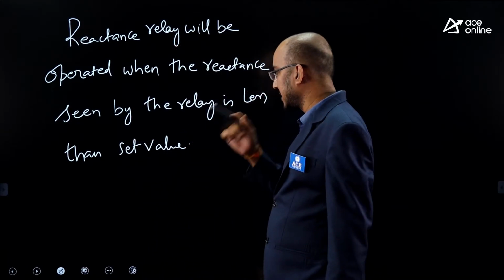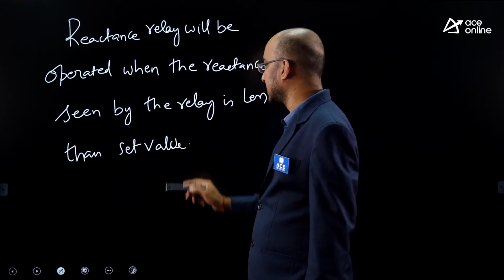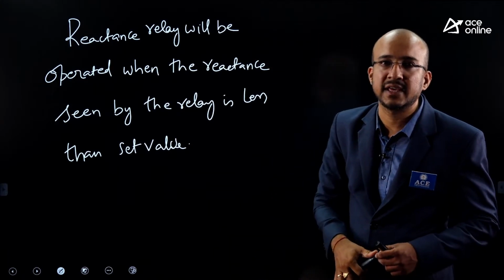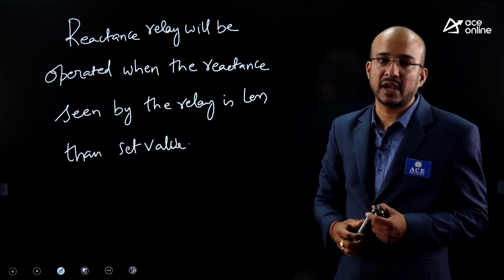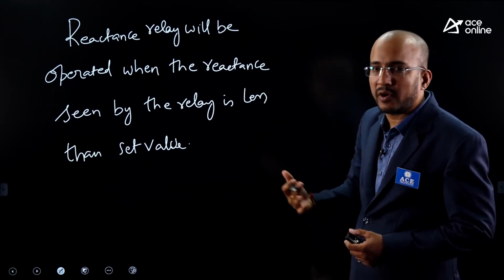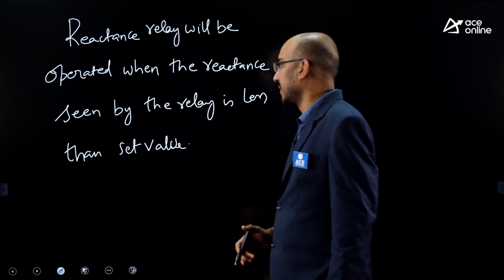Whenever the reactance seen by the relay is less than its set value, the reactance relay is expected to operate. Now let us go into the characteristic development.